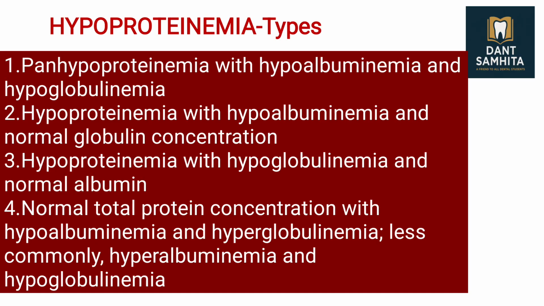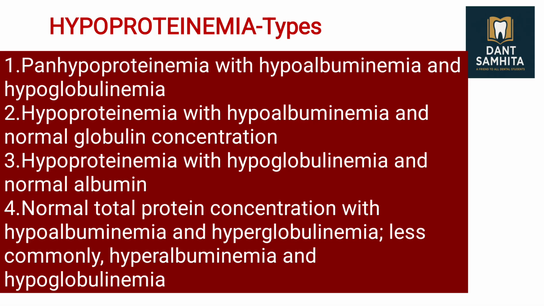Next, what are the different types of hypoproteinemia? It can be pan-hypoproteinemia with hypoglobulinemia and hypoalbuminemia, so both albumin and globulin are reduced. It can be hypoproteinemia with hypoalbuminemia and normal globulin concentration, where the albumin goes down but the globulin remains the same.